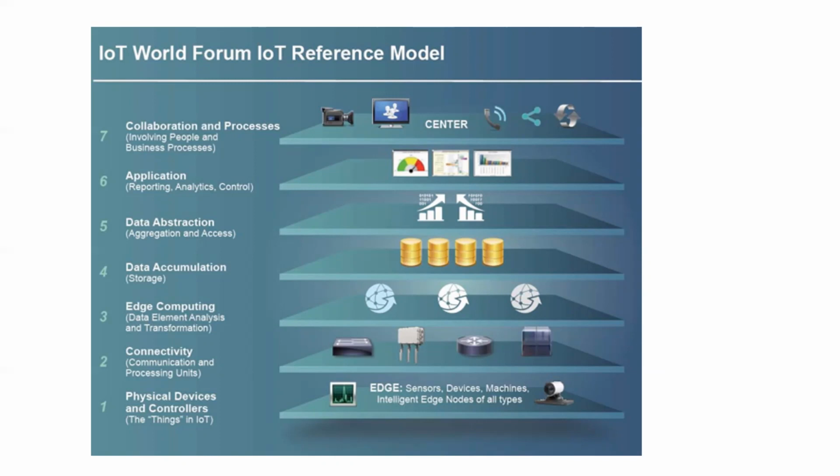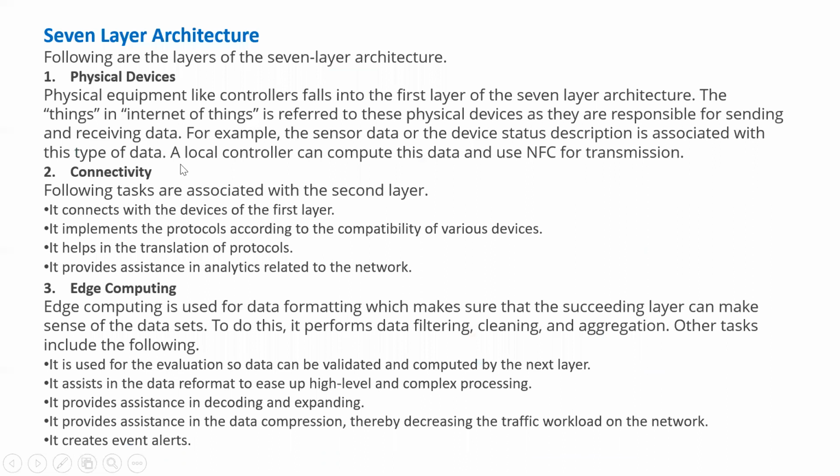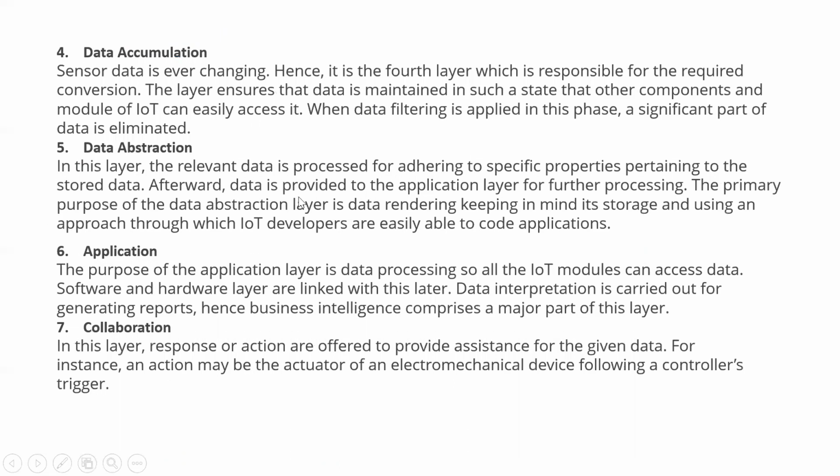So these seven layers are present in the Internet of Things architecture. This is what we were discussing yesterday. I think we have discussed up to data abstraction. So today we'll be discussing the remaining two layers, that is the application layer and the collaboration layer.